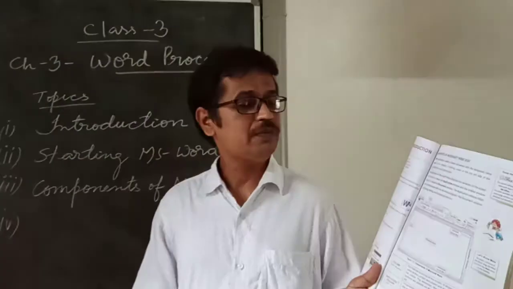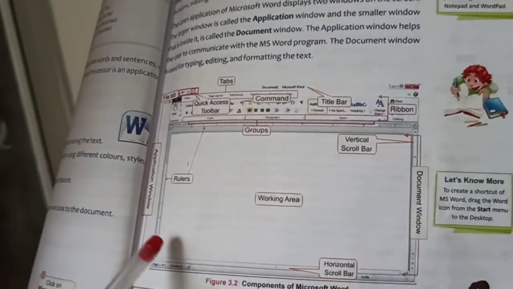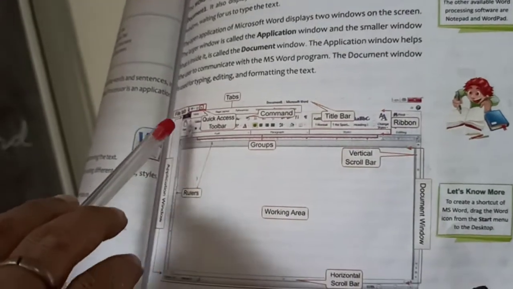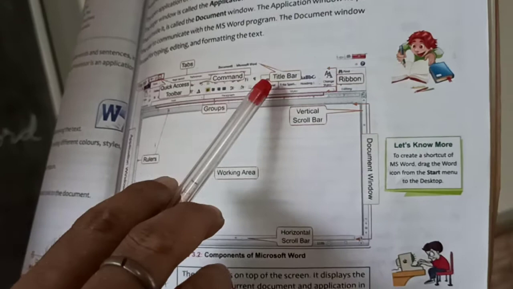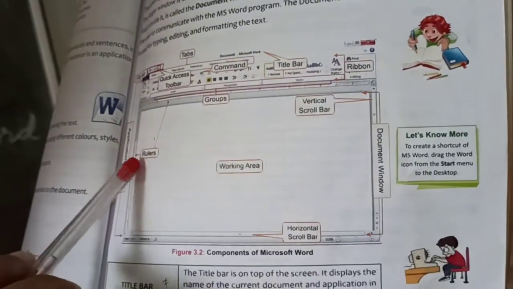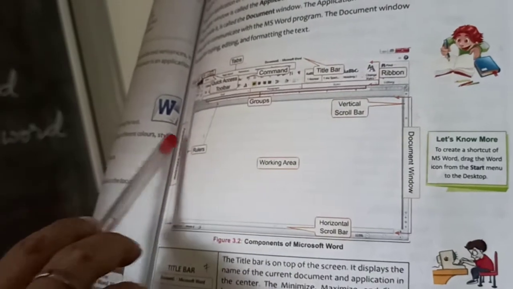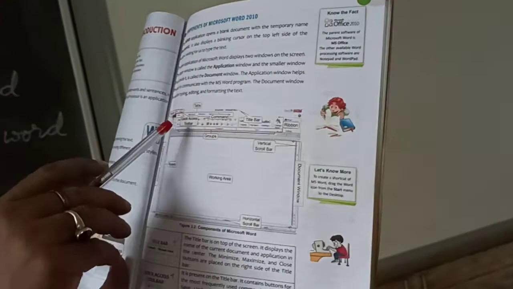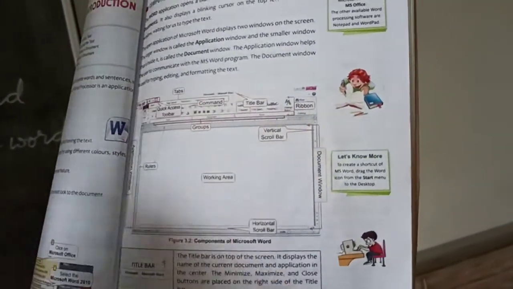See, these are the different components of the Microsoft Word window: File tab, Quick Access Toolbar, Commands, Title bar, Ribbon, Rulers, Working Area, Groups, Vertical Scroll bar, Horizontal Scroll bar, Document window and Application window. We will discuss them one by one later on, but these are called different components, meaning different parts.